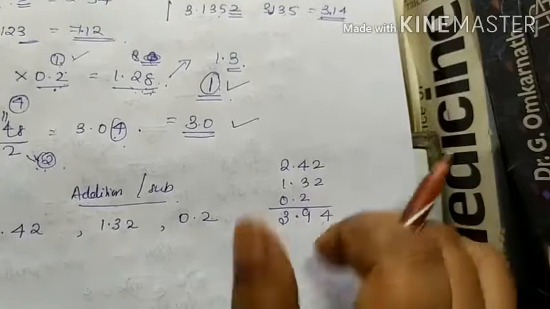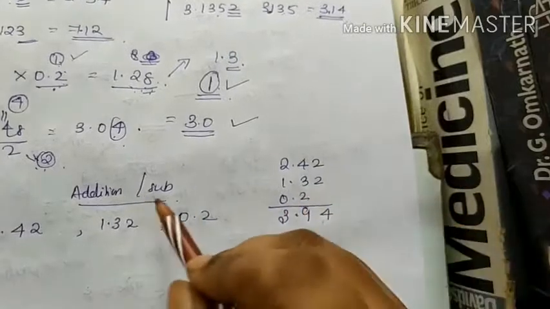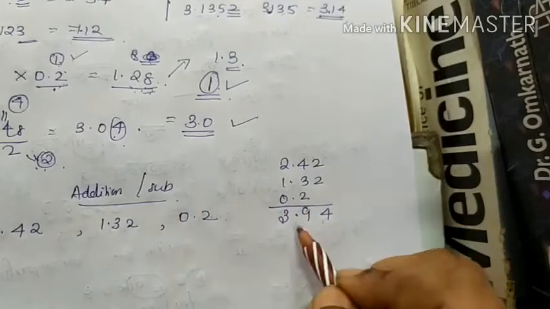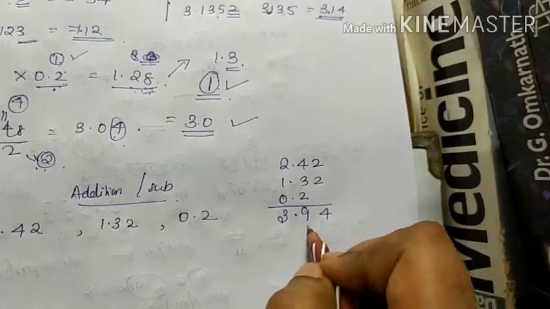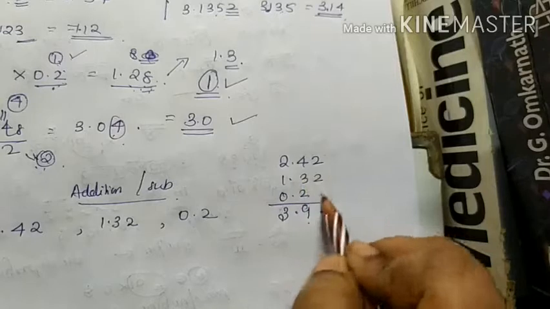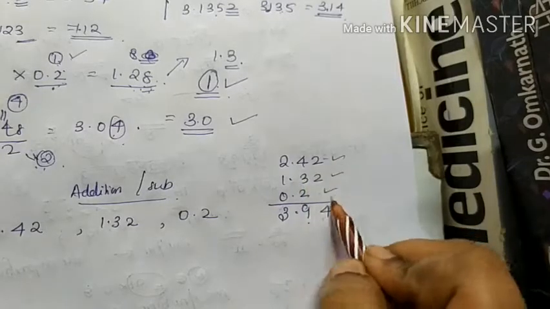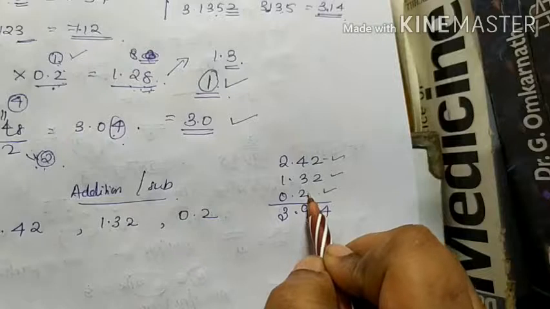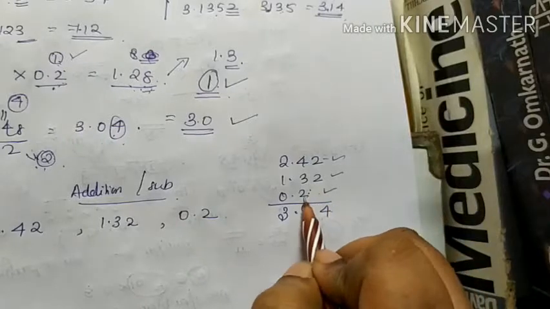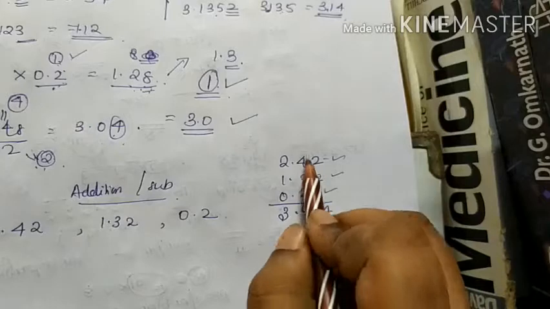But as per the rule for addition and subtraction in significant figures, look at the digits after the decimal point. Out of these three numbers, this number has the least after the decimal point. This one has 1, this one has 2, this one has 2.